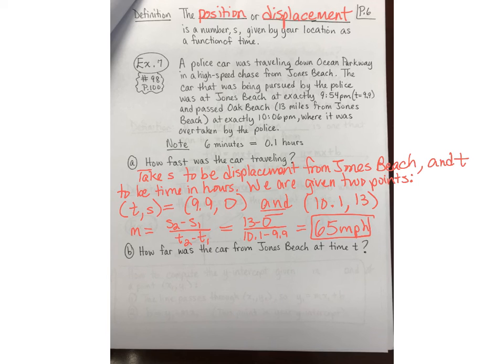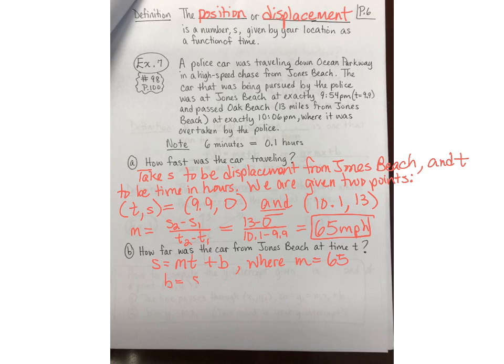Now, in part B, we want to find out how far the car was from Jones Beach at time t. So we know that the position, S, is given by mt plus b, where m, we just found out, is 65. b is our y-intercept.